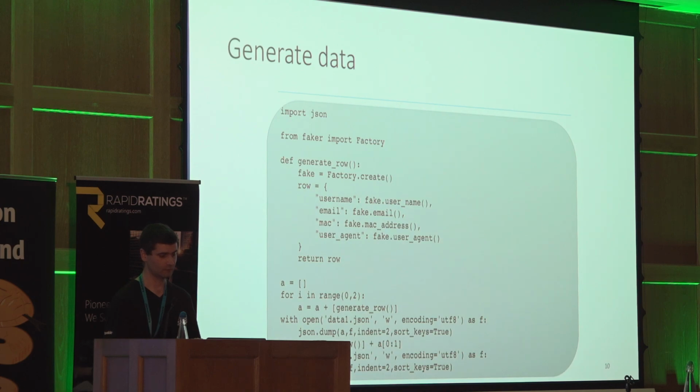So for the name we want it to look like a name, for the email we want it to look like an email, and the MAC address to look like a MAC address, right?